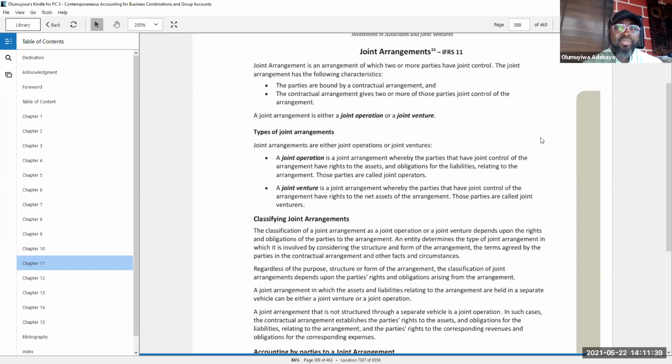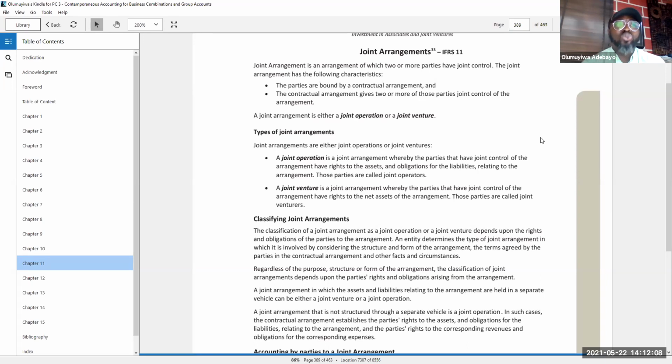Okay, and later in the course of this discussion, we'll delve into what competition is in its real sense. Because when you have a better understanding of competition, you see where joint venture or joint operation emanates from, which is the joint arrangement. Now, that is that. But on the other side is the joint venture.